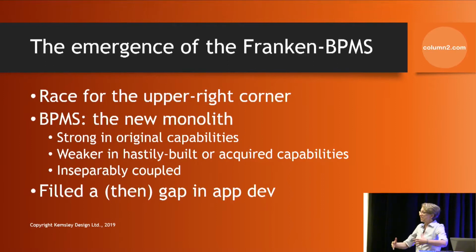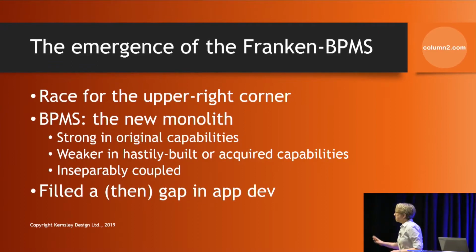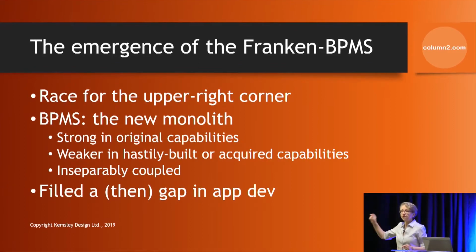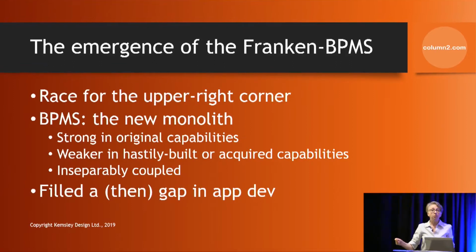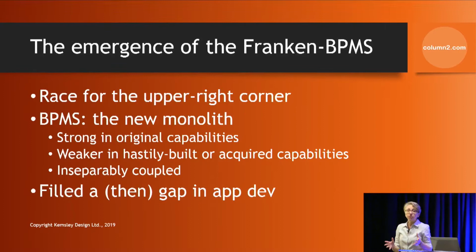Those tended to be much weaker initially. I'm not saying they didn't improve over time, but one of the problems is that these things became inseparably coupled. So you bought the suite and you got the whole thing, whether you needed the whole thing or not. And obviously there are some issues around that.